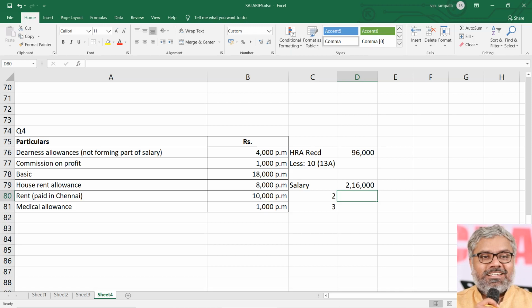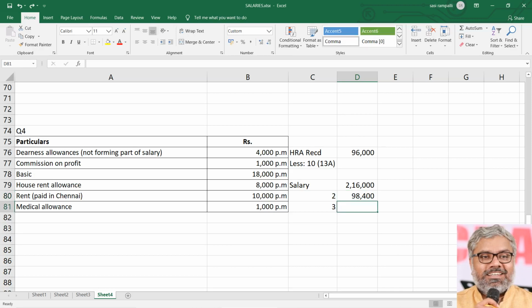Rent paid is 1,20,000, 10,000 per month means 1,20,000 per annum, minus 10% of salary, 21,600. That is going to be the second calculation, that is 98,400 rupees.